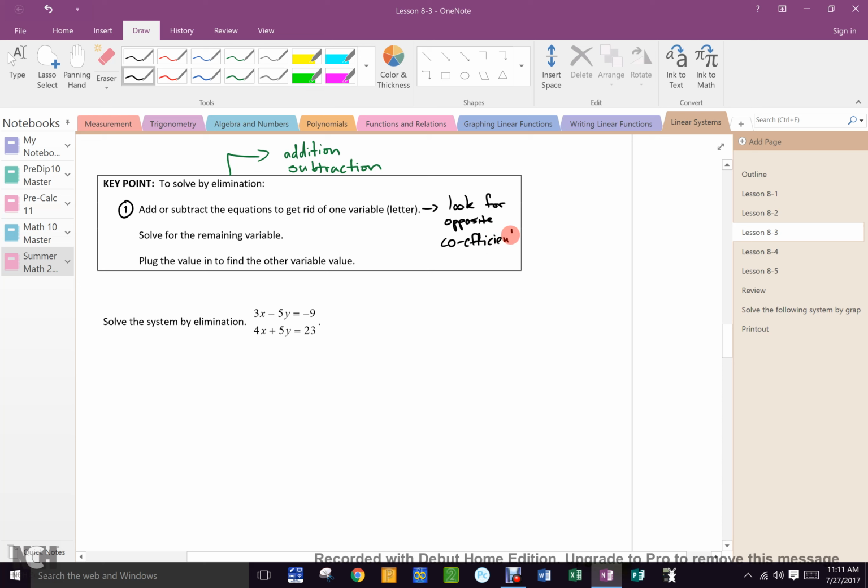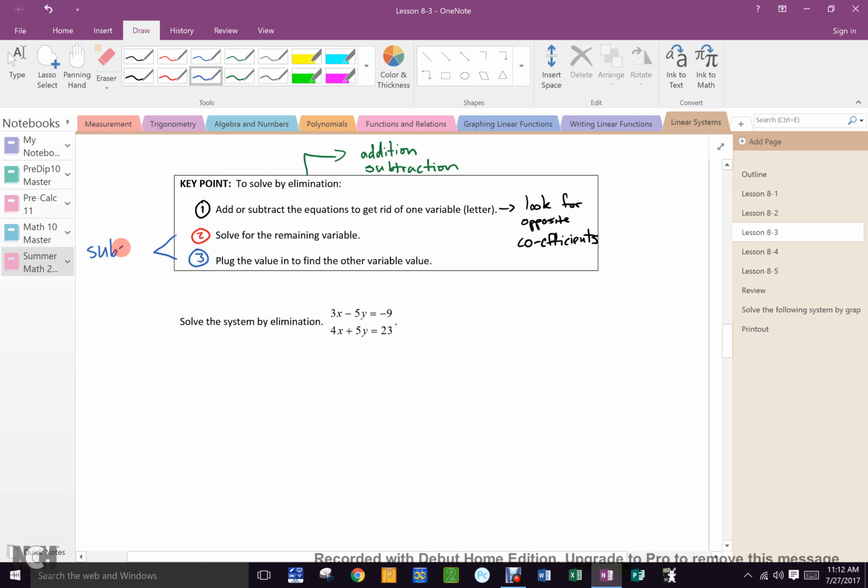Because if you add opposite coefficients, what do you get? 0. So that would eliminate, right? And then after you've eliminated, step 2, which we'll do in red, you solve for the remaining variable. And step 3, which you do in blue, you plug that back into the other one. 2 and 3 are just like substitution.